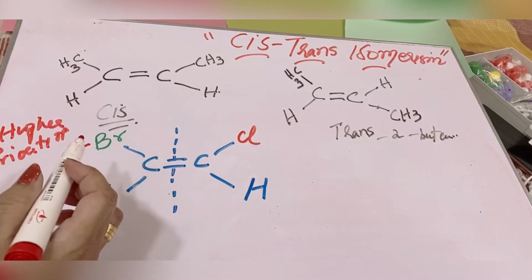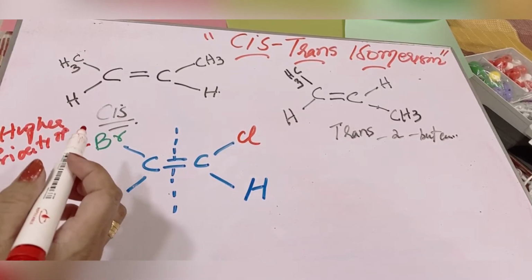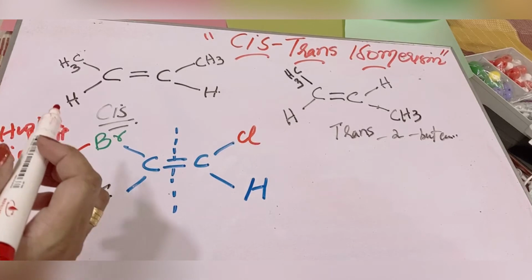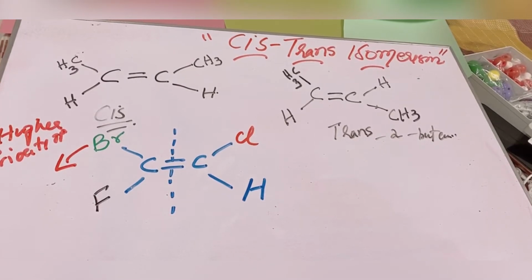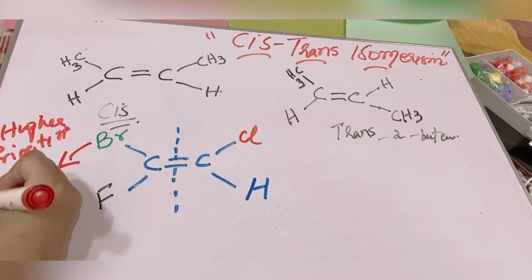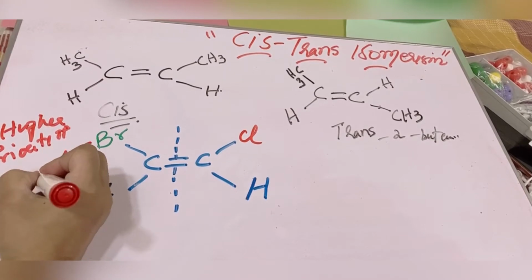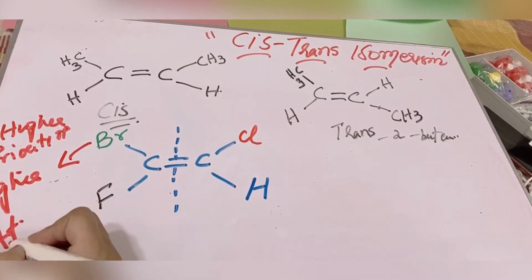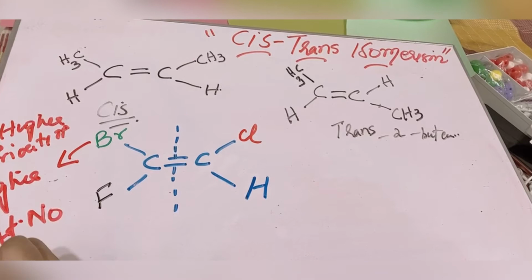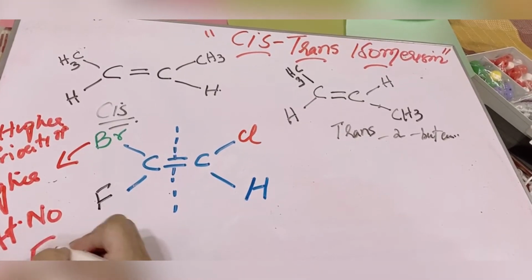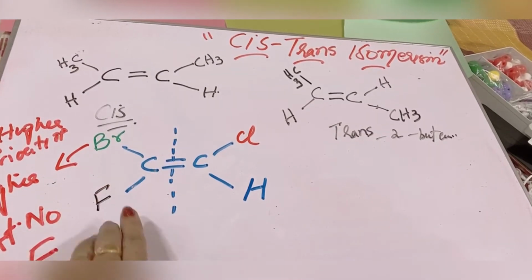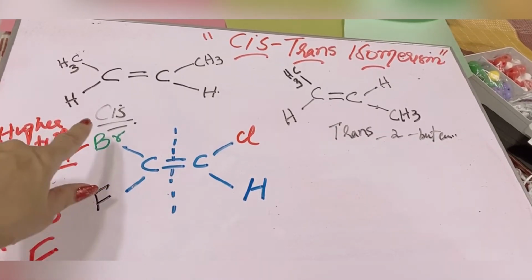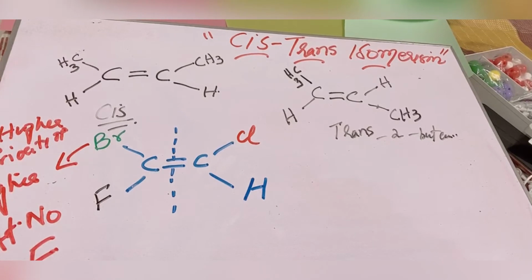Because bromine has higher atomic number than fluorine, that is this one. Bromine has higher atomic number as compared to fluorine, right? So that's why it's called a higher priority group.